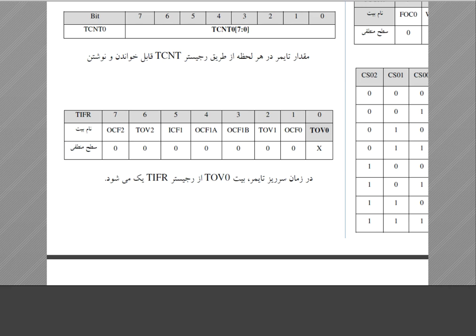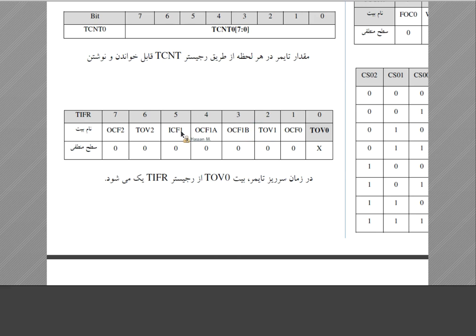Here, the second compare match: 200 in TCNT and 200 in OCR B. These 2 pins are for those events: output compare flag for timer 1 for the A register, and for the B register.